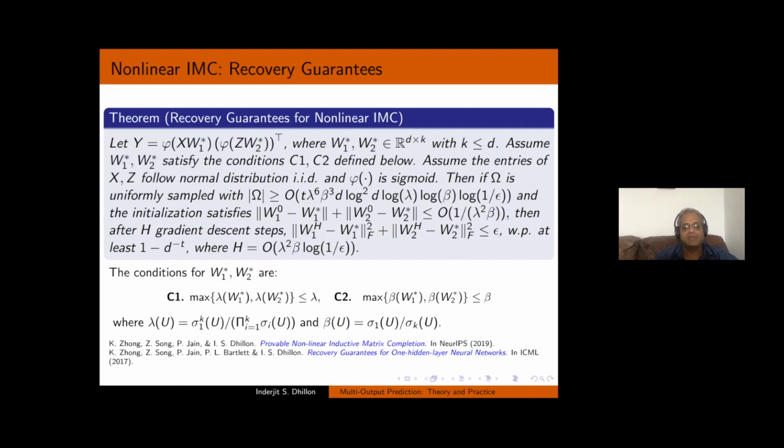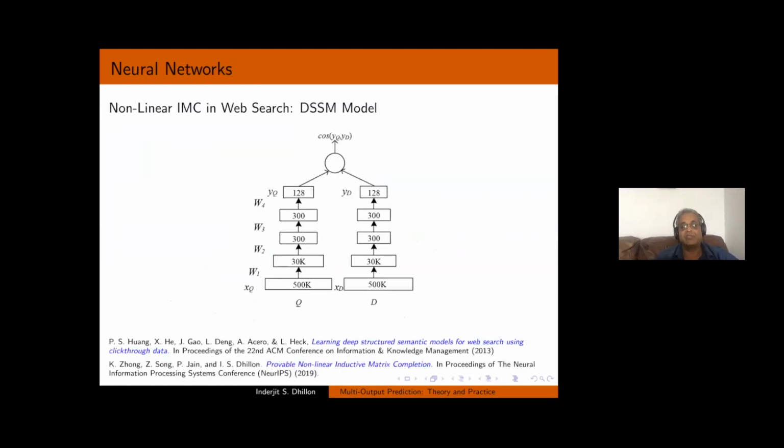So this is a small step in giving recovery guarantees, but still, the real challenging part is to see whether it can actually be extended to when you have multiple layers.